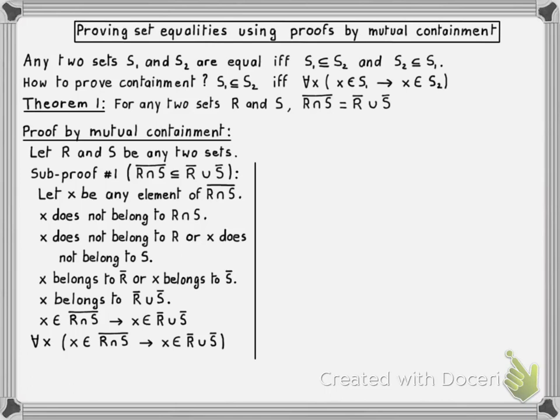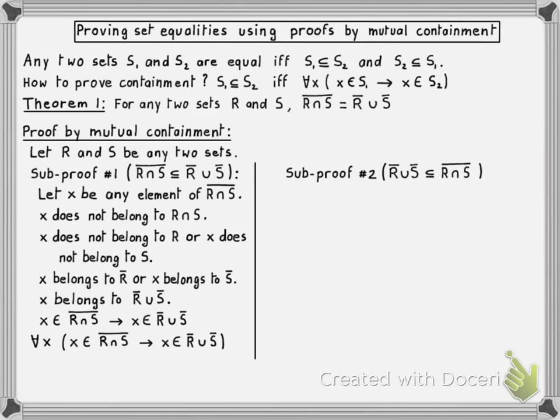Let's write down the second proof on the right-hand side of the slide. So the second subproof is for the statement that this set must be contained or must be a subset of that set. So it's the other direction in the mutual containment relationship.